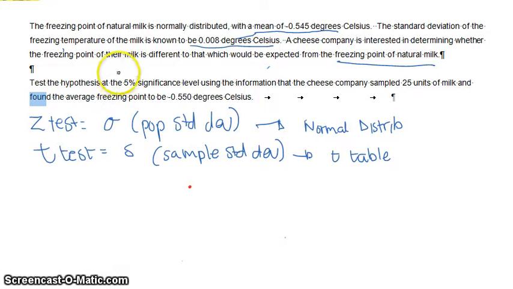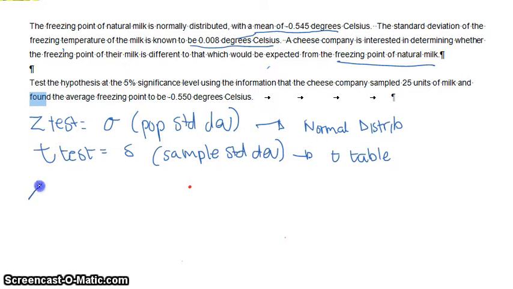It goes on to say that you need to test the hypothesis at 5% significance level using the information that the cheese company sampled 25 units of milk and found an average freezing point to be minus 0.550. So, taking all of that into consideration, I think it is wise that we first start listing our information.